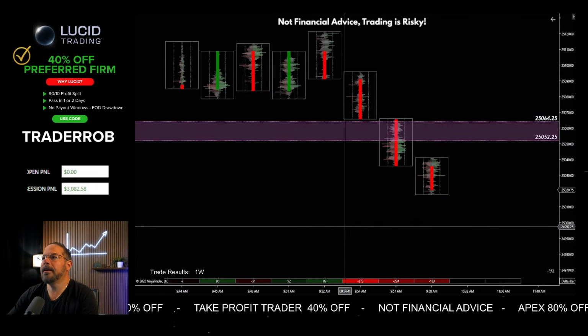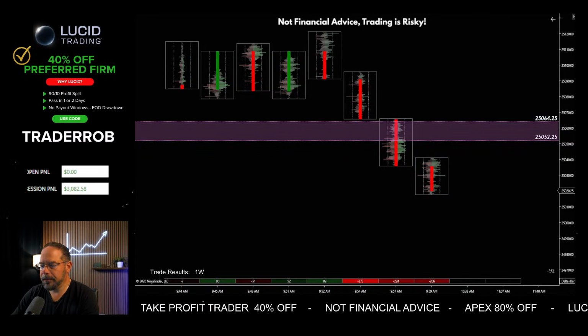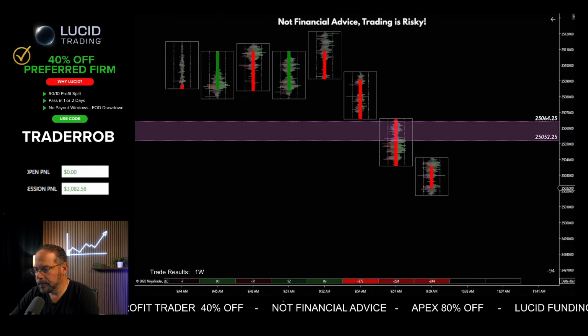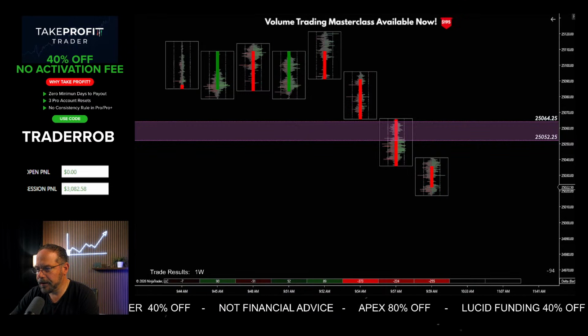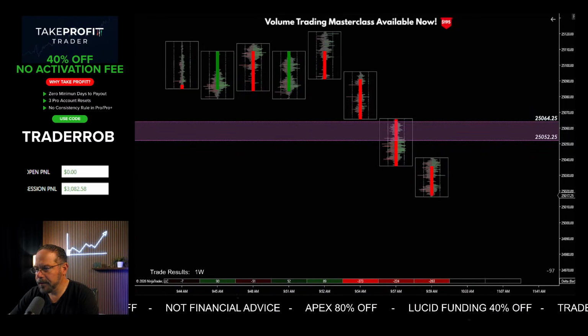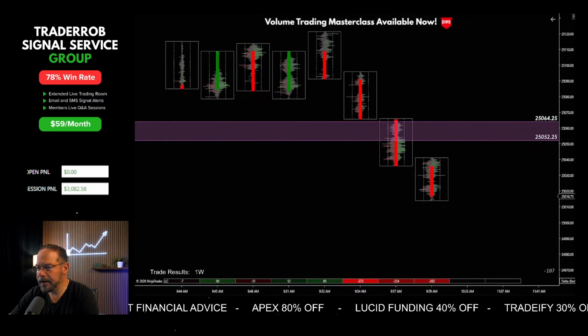I took my first trades on my brand new funded Lucid, and those are up very nicely, plus 284 and 281 respectively. All the Apexes are up 280 bucks. Cashes are both up 280.